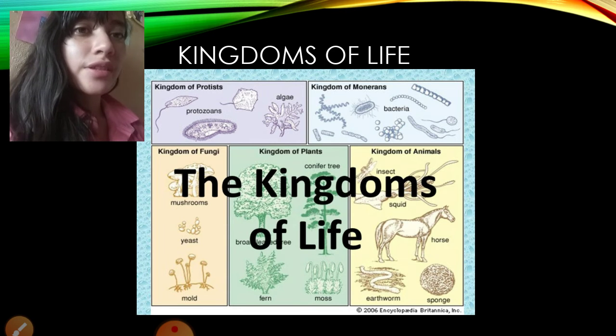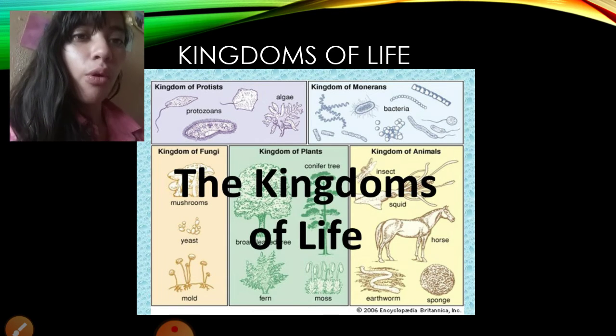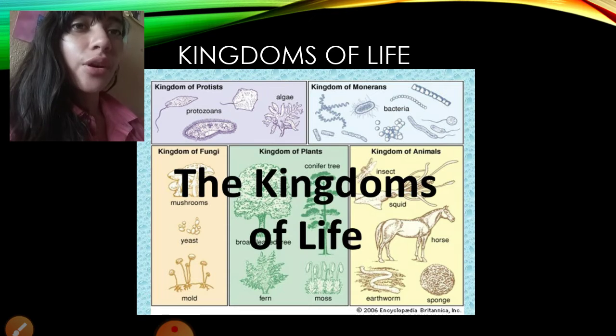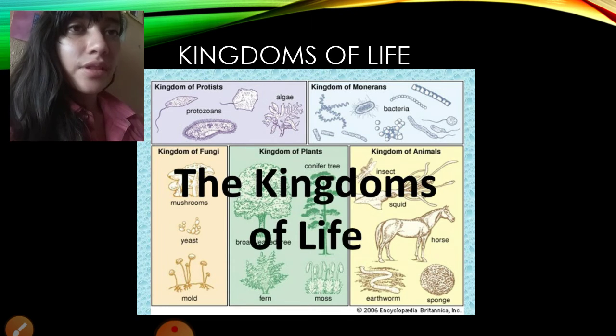You can see mushroom, yeast, and mold in the kingdom of fungi. You can see bacteria in the kingdom of monera, and you can see unicellular organisms in the kingdom of protists.